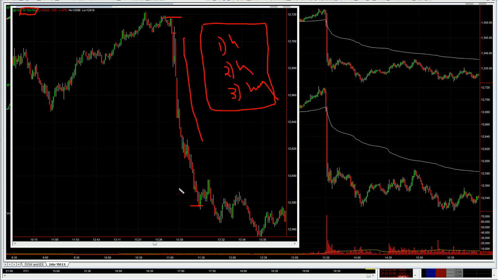Now, reprice to me is a surprise move that changes the valuation of an instrument. In the case of the Dow or the equity indices, it's a general revaluation based on some data. If it's a stock, it might be some news that's come out on the stock.